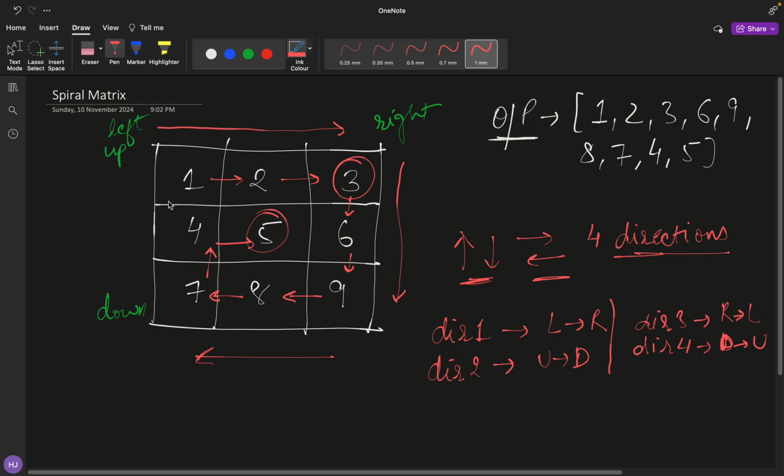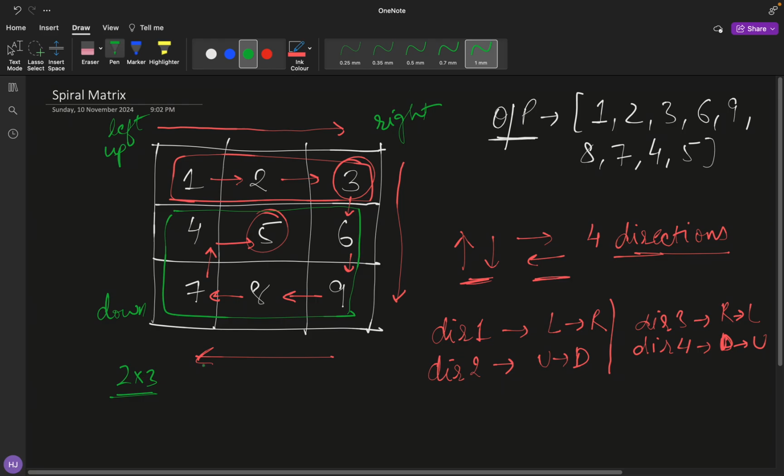So what is the effective area of traversal that is left after covering this whole portion in the first traversal? The effective area left out is these two rows, which is basically a 2 cross 3 matrix that is left.